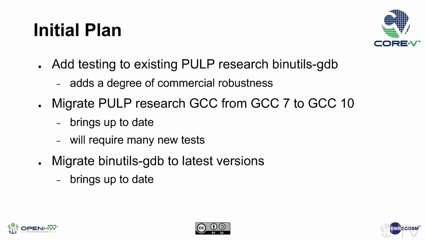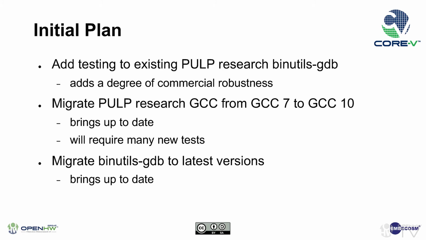The plan here is to jump straight to the latest GCC. And one of the reasons for this is because GCC has changed so much in the last 3 years. We don't want to do all the work on 3 years ago GCC and then have to reinvest all that effort again. So we're going to go straight to GCC 10, and many new tests will need to be added to GCC as well to test these new features.